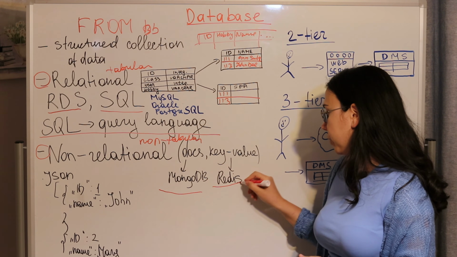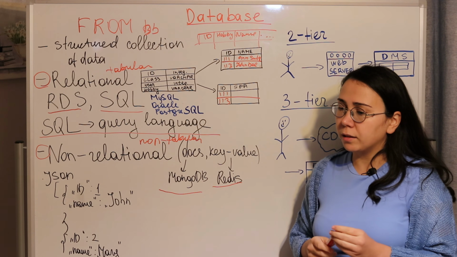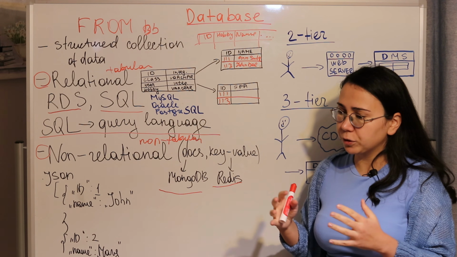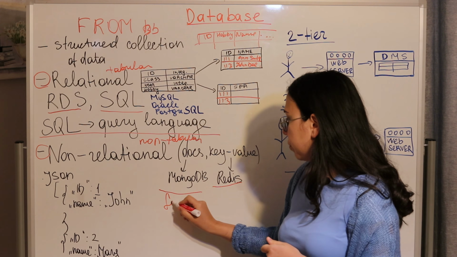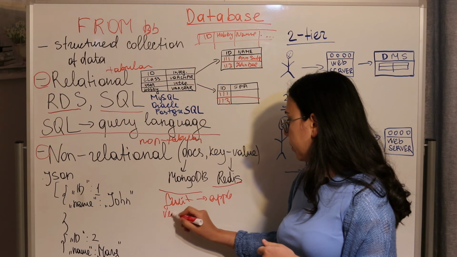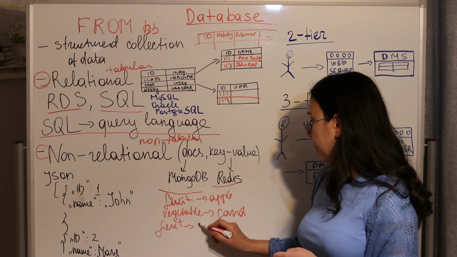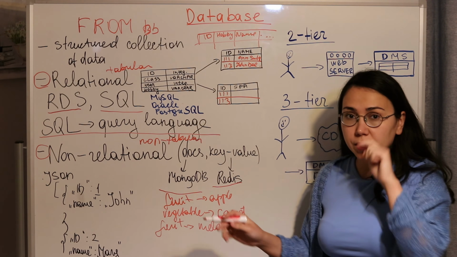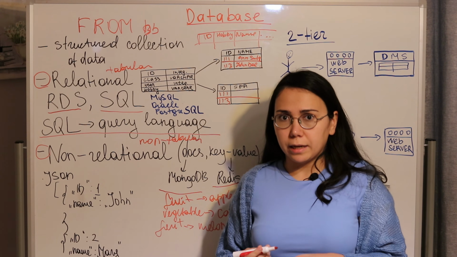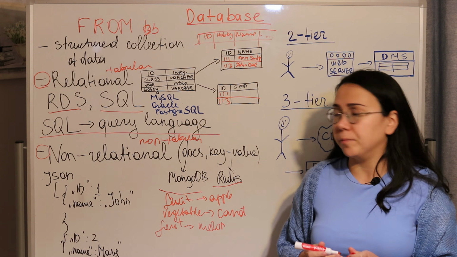Redis is a very popular key-value pair database. Key-value meaning, for example, we can say fruit, apple, vegetable, carrot. We can again have fruit, melon, right? So we have keys, fruit, and we have values for these keys, which follow the key.